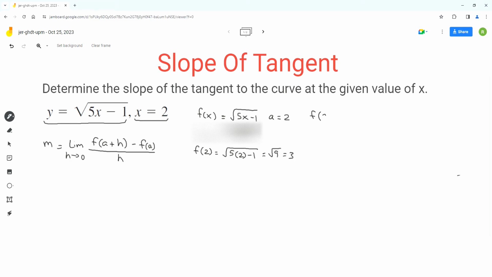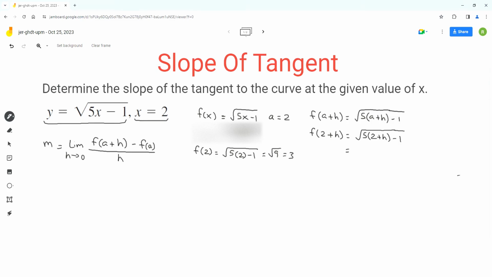So f at a plus h will be equal to square root of 5 times a plus h minus 1, and if we sub in a as 2, we'll get f at 2 plus h equals square root of 5 times 2 plus h minus 1, which can be simplified.